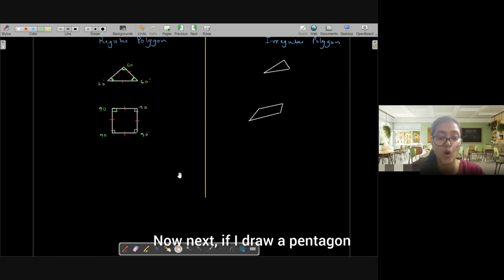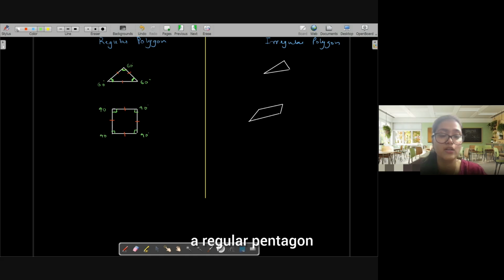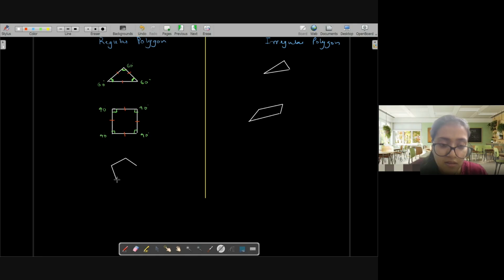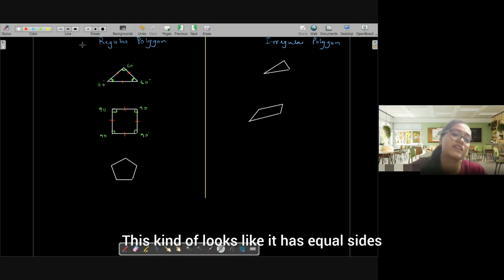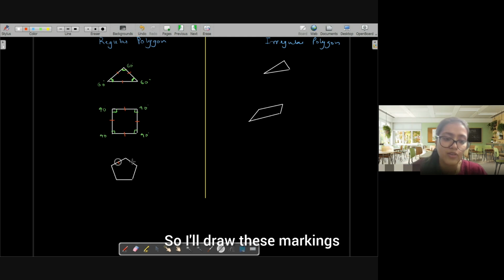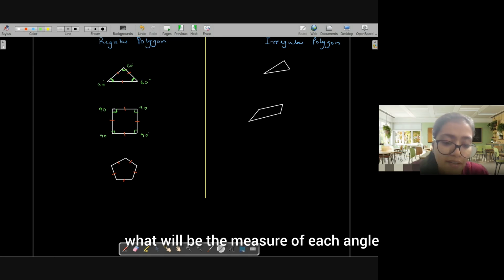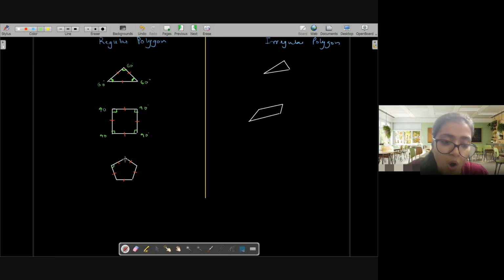Now, next, if I draw a regular pentagon, we have to just take equal sides. I'll try my best. This kind of looks like it has equal sides, so I'll draw these markings. That means this is a regular pentagon. Can you tell me the measure of each angle of a pentagon?